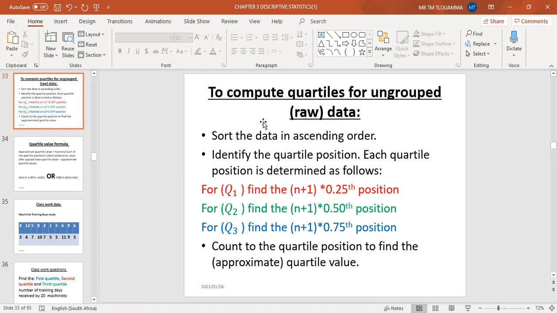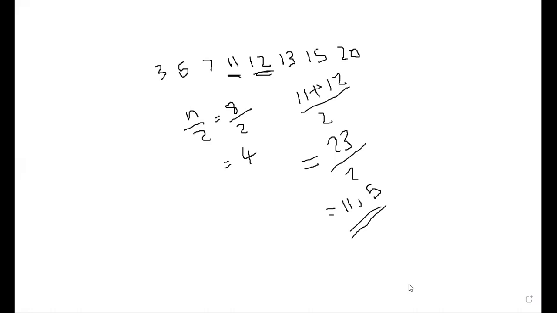So now we are going to find Q1. When you calculate Q1, you find the position by saying n plus 1 multiplied by 0.25. We're still going to use the very same data set.